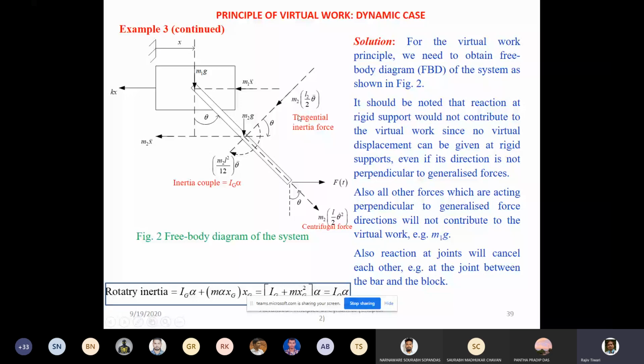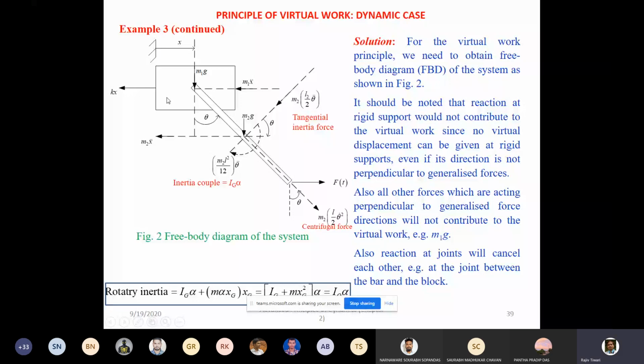So there are three inertia forces and a couple in this pendulum. In fact, there are four: one is the tangential inertia force, another is the centrifugal force, then the inertia couple, and the inertia force due to the linear acceleration from the linear motion. So these are the forces acting.